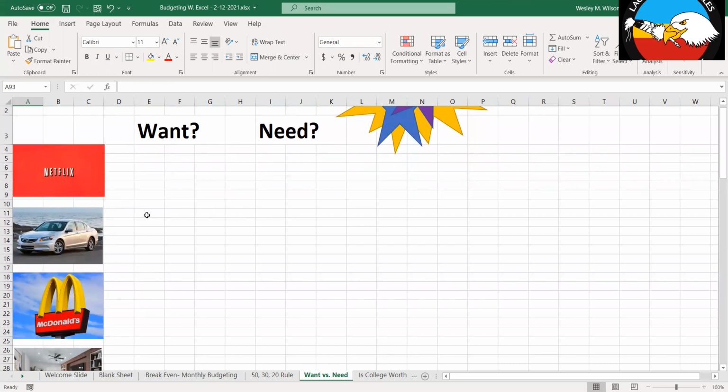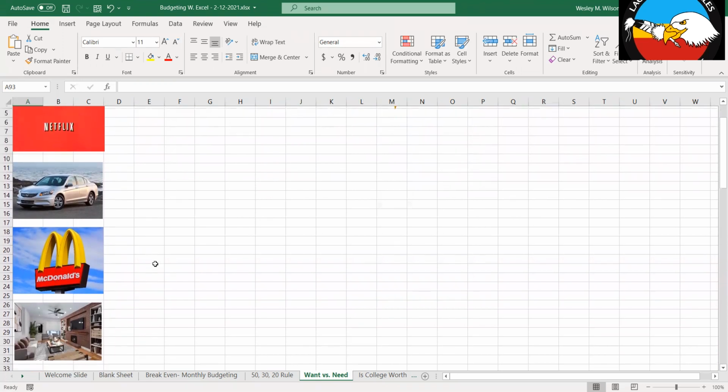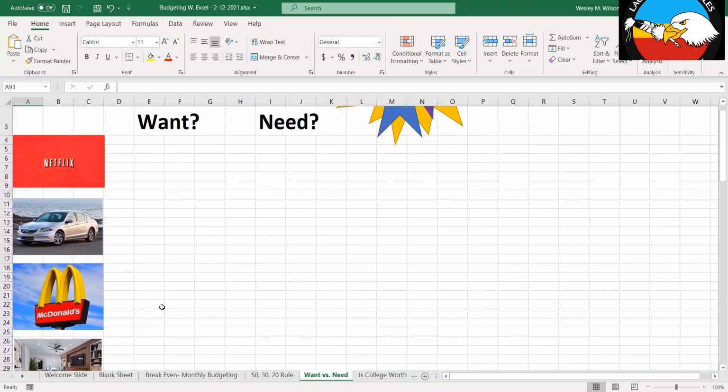Maybe a brand new $55,000 vehicle might not necessarily be a need. It might be more like a want. So thinking about prioritizing that. Food, fast food. It can sometimes be a need to eat. Obviously, it's a basic need to eat, but it's also a want.